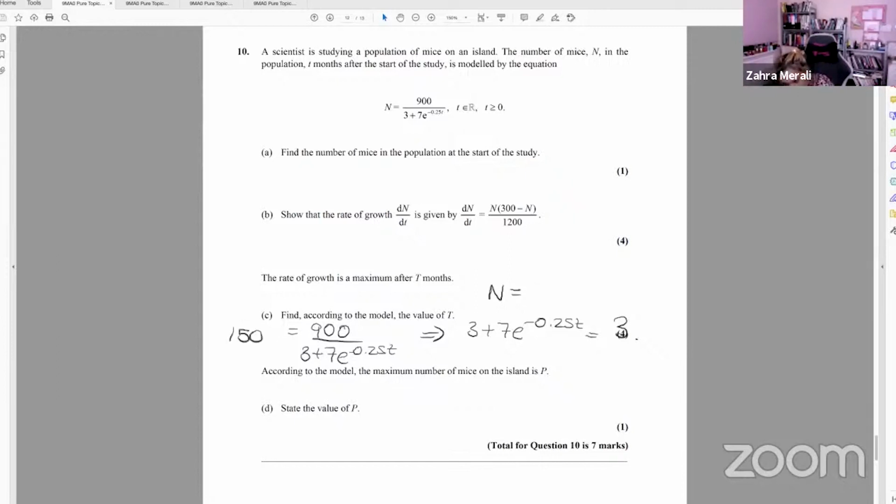So we've got 150, and let's make that 150 because it's going to be half the amount. So we're going to get 7e to the minus 0.25t equals, and so 900 divided by 150 is 6.